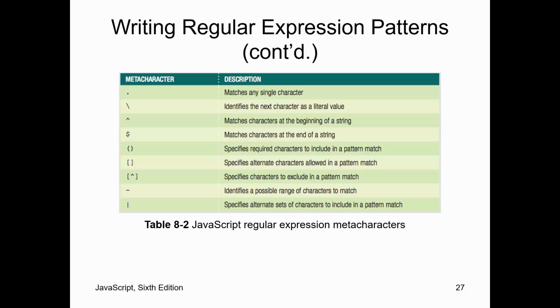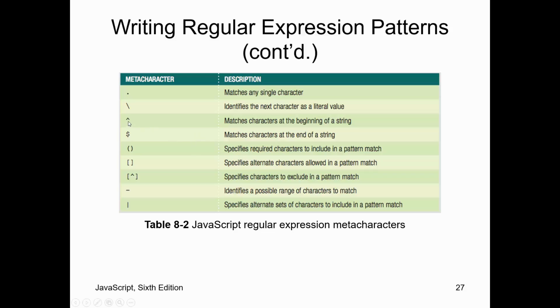The first thing you see there, and it looks kind of weird, but it's a period. The period matches everything. It's equivalent to the asterisk that we use a lot in DOS, the disk operating system, in Windows, etc. The backslash identifies the next character as a literal value. If that doesn't make sense, you'll see examples as we start.